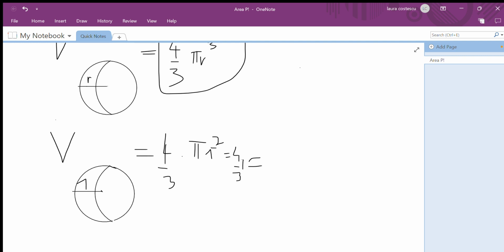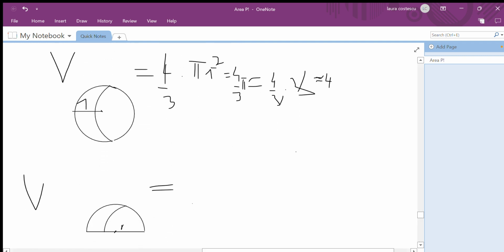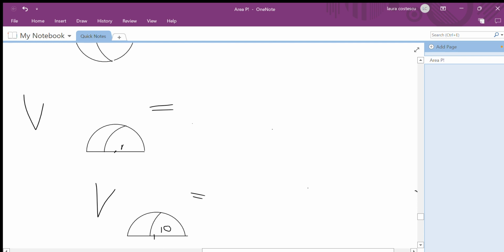I forgot to put pi here. We can approximate that pi is 3, so this is approximately 4 over 3 times 3. And the 3 with the 3 cancel out and leave us with approximately 4. It's an approximation. Don't forget, it's around.